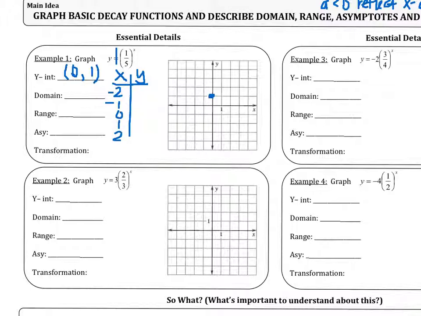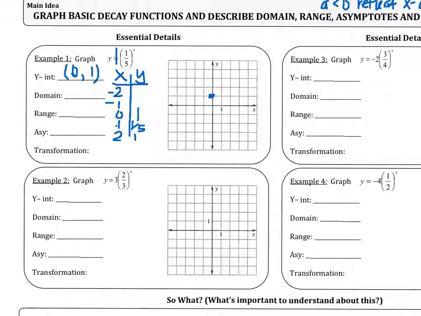As I look at this, I always start with the 0, because anything to the 0 power is just 1, and if I multiply that by 1, I get 1. If I look at 1/5 to the first power, I get 1/5. If I look at 1/5 to the second power, according to my exponent rules that we did in chapter 5, I can distribute the exponent to top and bottom.